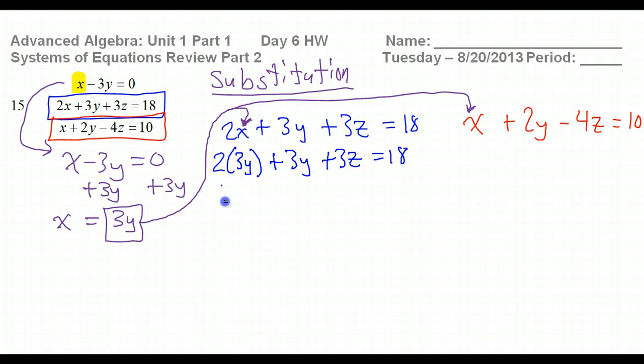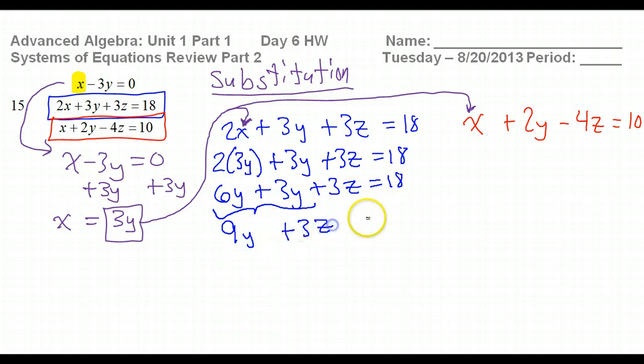So that's going to give me 6y plus 3y plus 3z equals 18. Like terms here, so that's going to give me 9y plus 3z is equal to 18. That's about as far as I can go with this for now. Let's put a box around it.